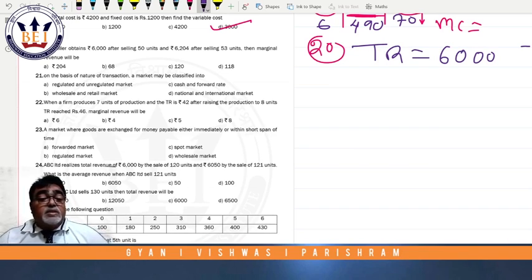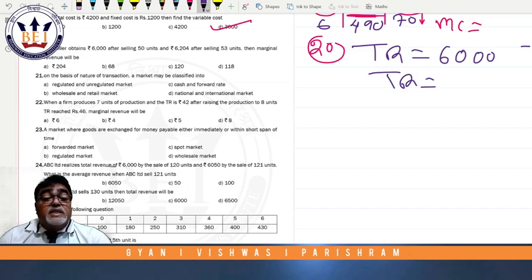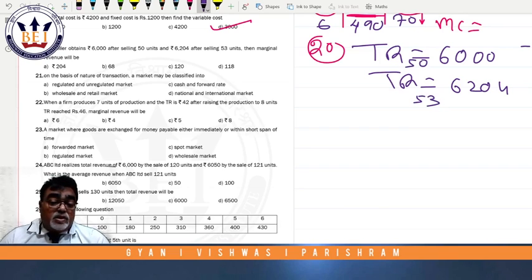Total revenue is 6,000 for 50 units, and total revenue is 6204 for 53 units.